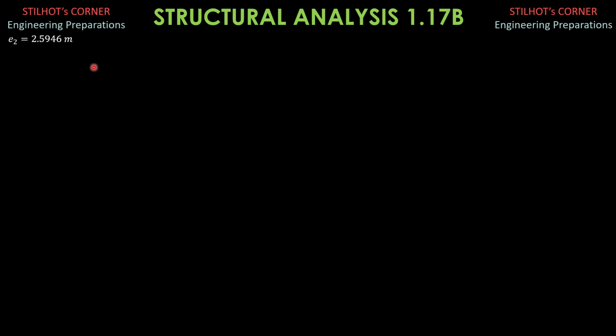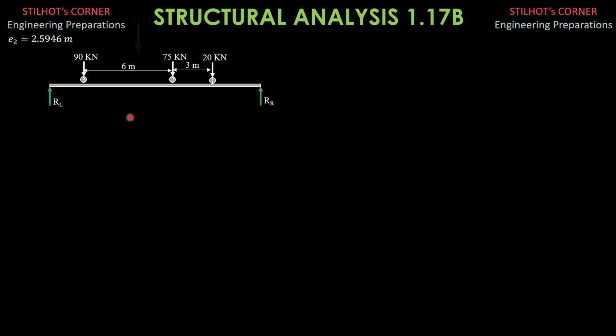So E is 2.5946. Half of that would be 1.2973 meters as shown. So the resultant is 185. This is the center line.